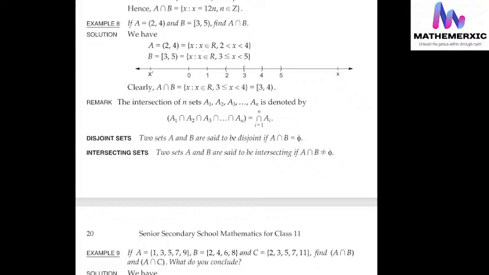So A is equal to (2, 4) and B is equal to [3, 5). Here in this case, obviously x is greater than 2 and less than 4, and x is greater than or equal to 3 and less than 5.